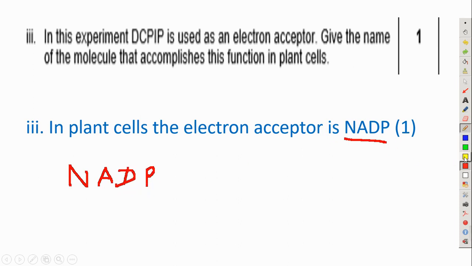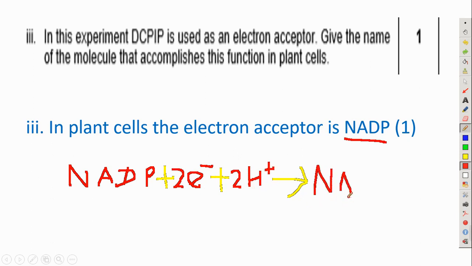So it's going to be similar to DCPIP, plus 2 electrons and 2 protons, and you're going to end up with NADPH2.